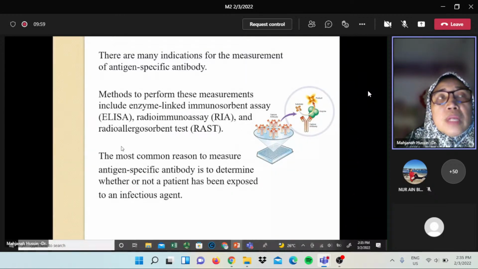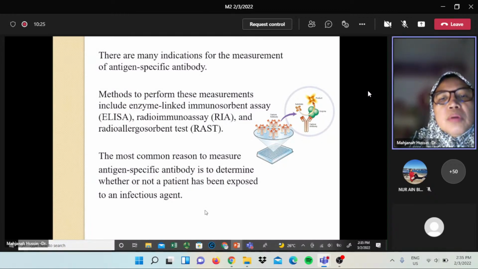Okay, right. So the most common use of measuring antigen-specific antibody is when you want to determine whether the person has been exposed to an infectious agent. When they are exposed to bacteria or viruses, you get that disease, so the body will react to it. So definitely the antibody will be present, right?